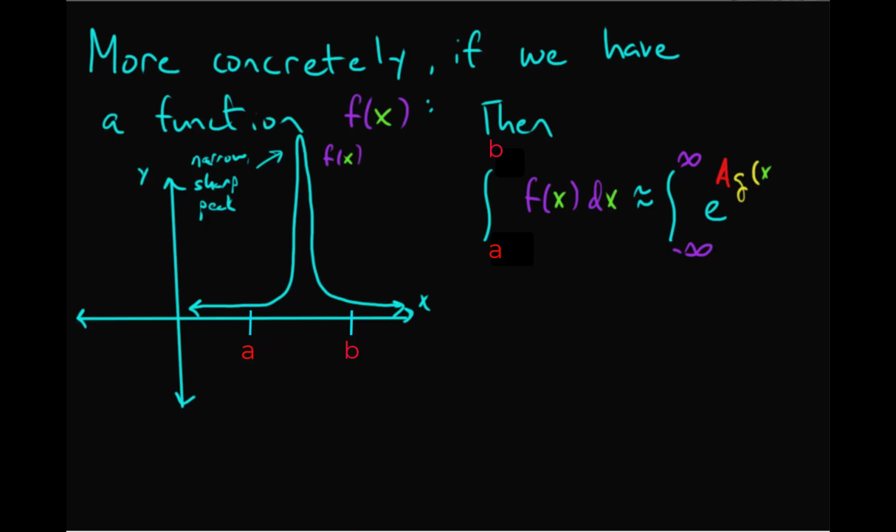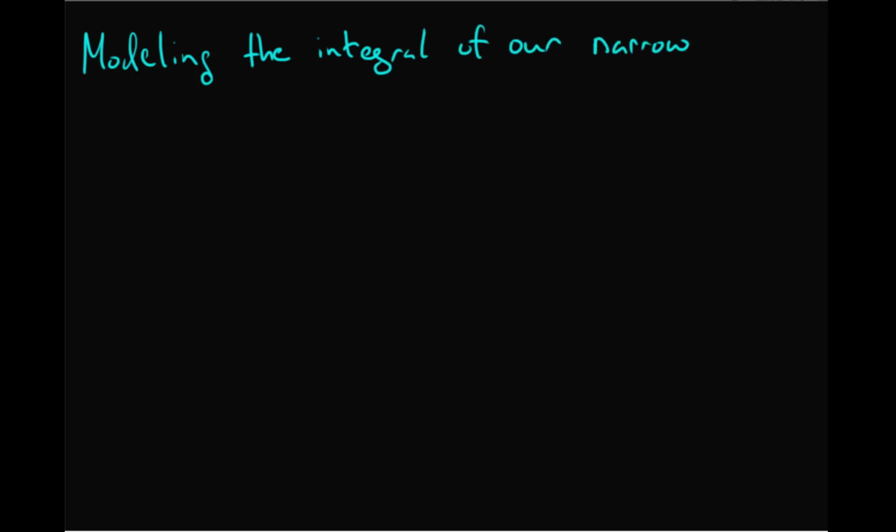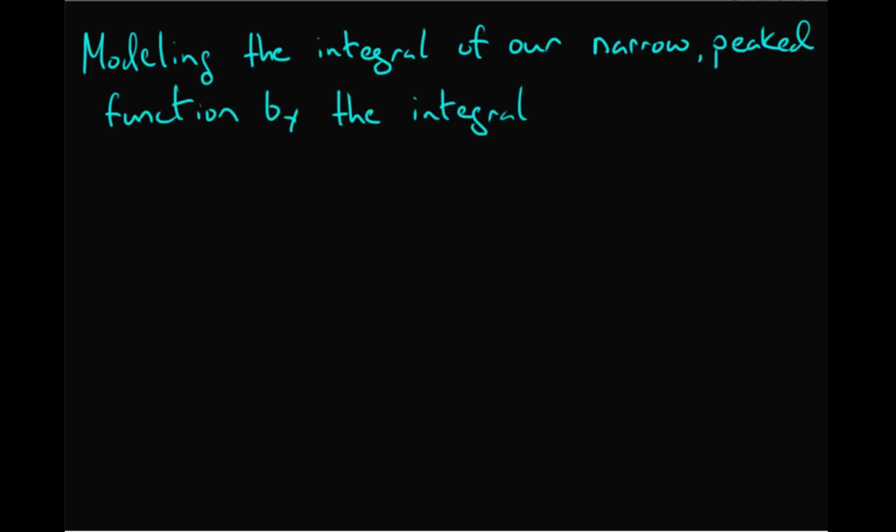And so this integral here that we're using to approximate the integral of f of x is going to be a Gaussian-like integral. Now, some of you watching this might be skeptical or maybe confused at this jump. After all, our Gaussian integral is the integral of the function e to the negative x squared, or allowing for scaling, e to the negative ax squared.